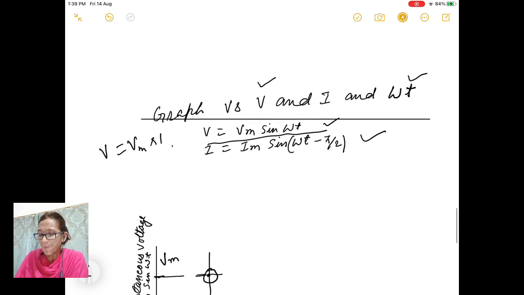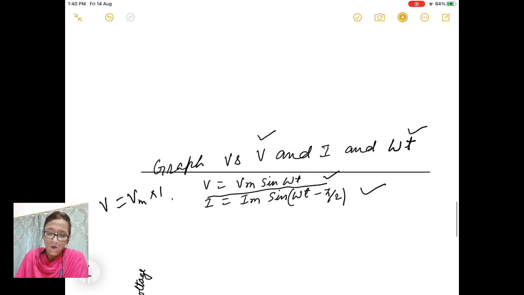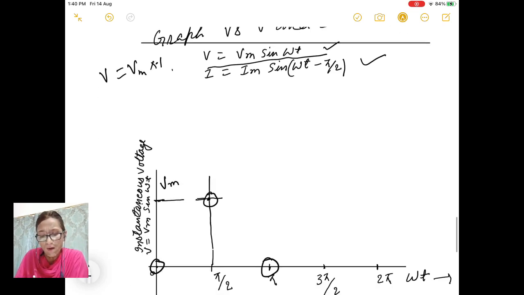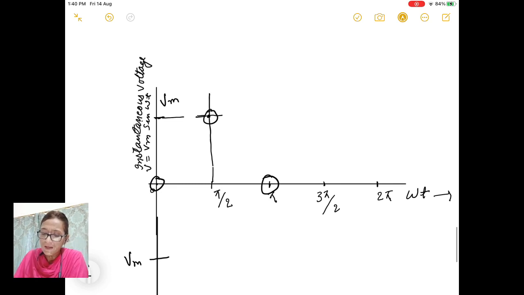Now sine 3 pi by 2. When omega t is 3 pi by 2, that is 270 degree, then sine 270 degree is equal to minus 1, and your voltage becomes equal to minus voltage magnitude. At 270 degree, or 3 pi by 2, you have voltage amplitude in opposite sense.